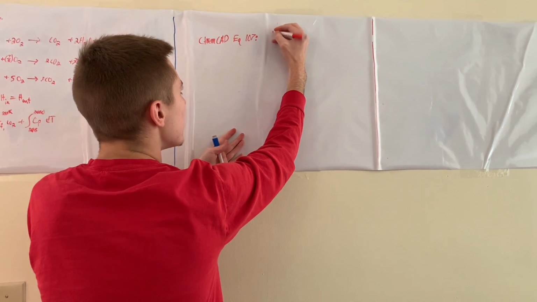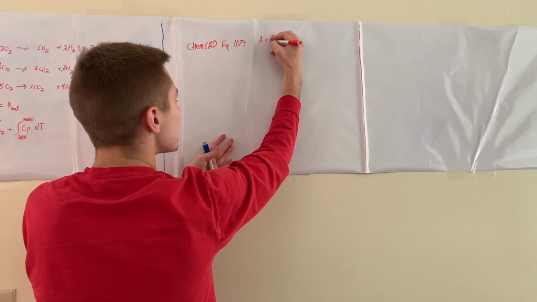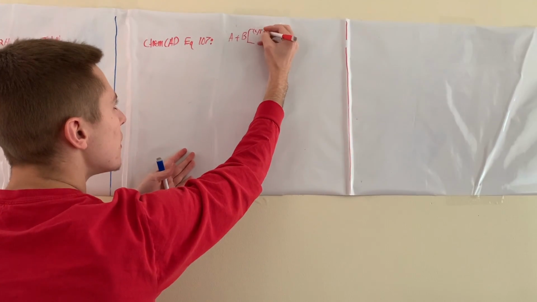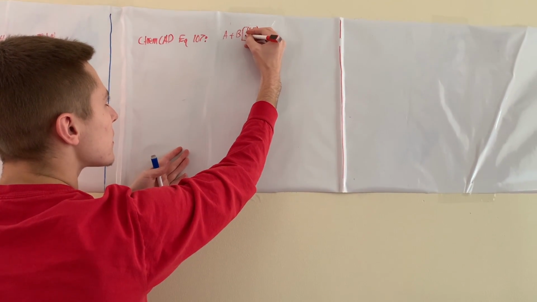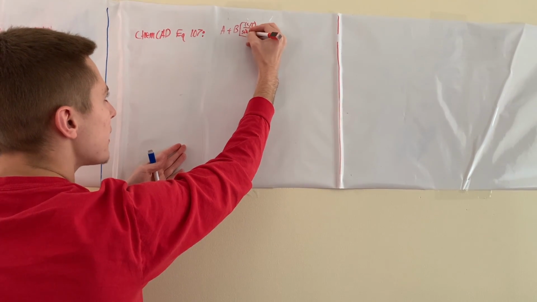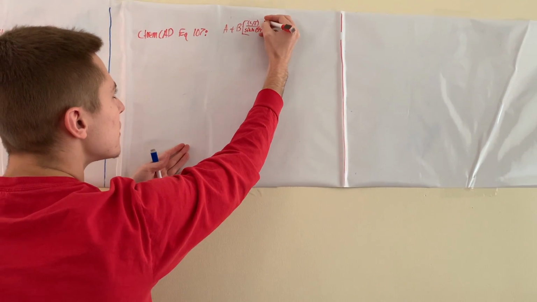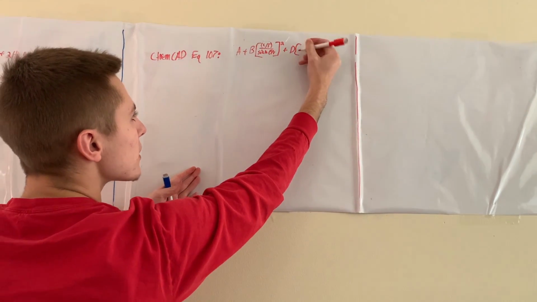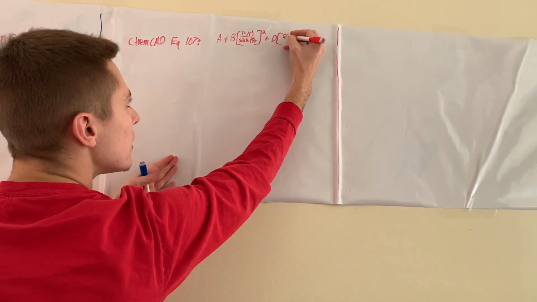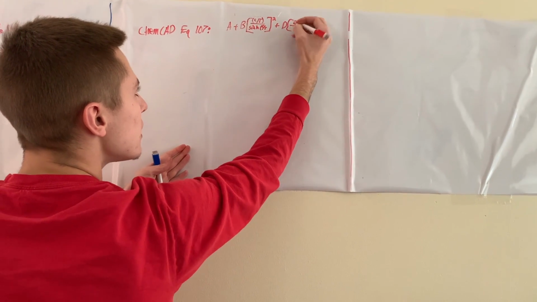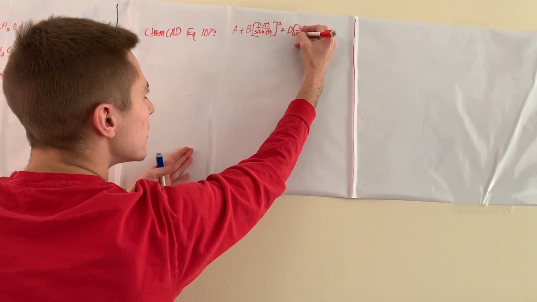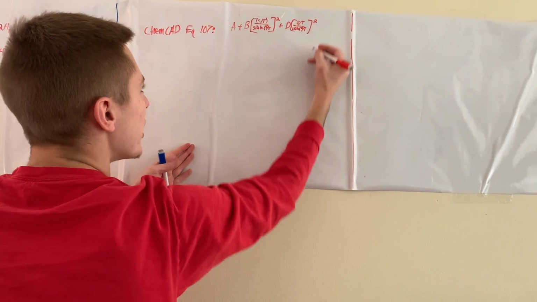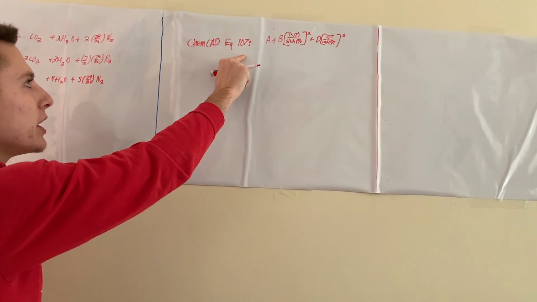It is A plus B times (C over T) divided by hyperbolic sine of (C over T), squared, plus D times (E over T) divided by hyperbolic cosine of (E over T), squared. Now this is our ChemCAD equation 107.